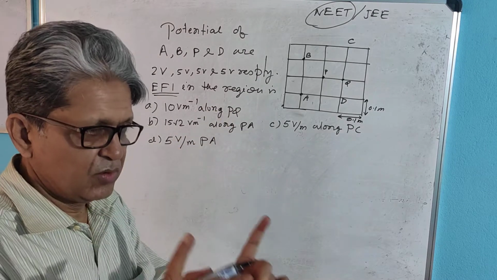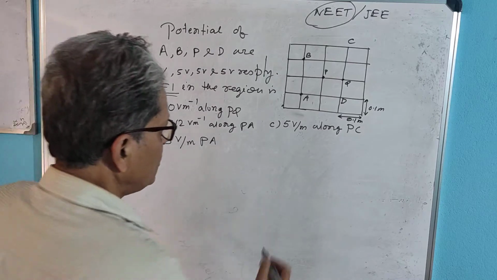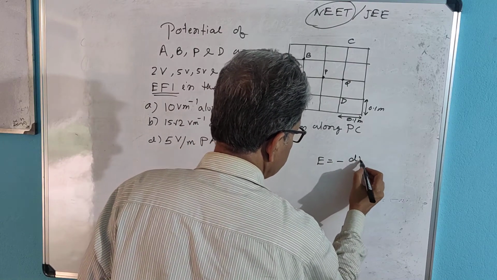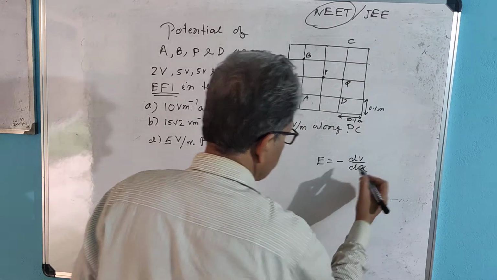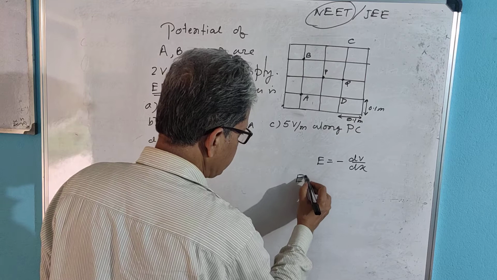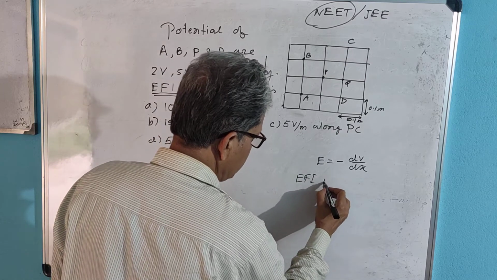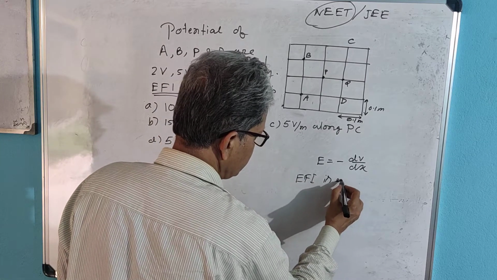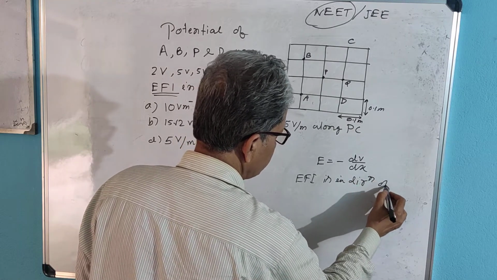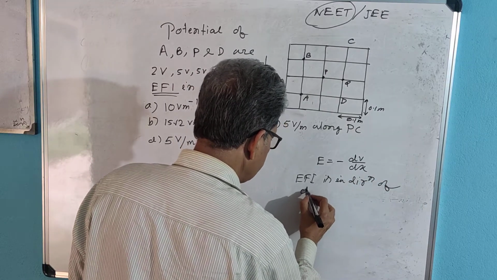What concept do you have to apply? You try yourself. E equals minus dV by dx. What does it mean? It means that the electric field intensity is in the direction of decreasing potential.